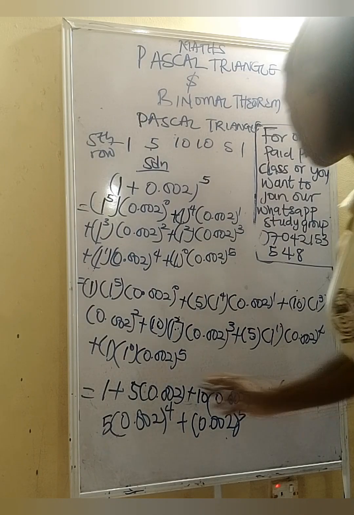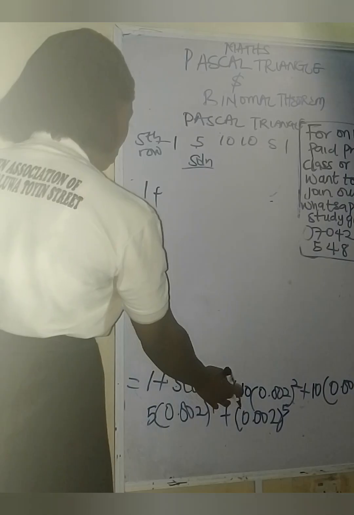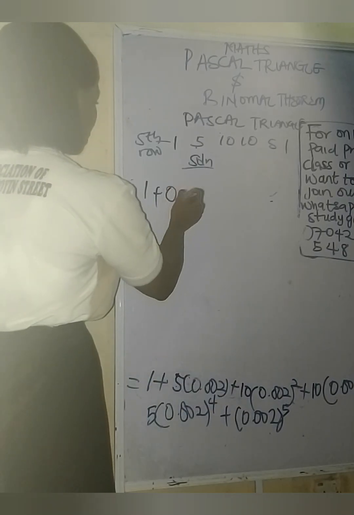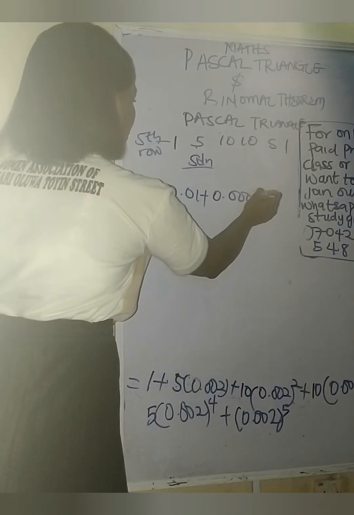So now we are going to what? Multiply everything to the 1. When you multiply all this one, you get 0.001, 0.0004.